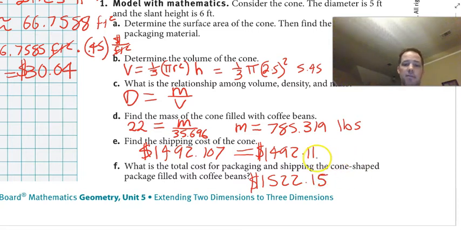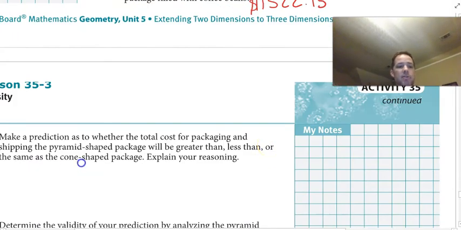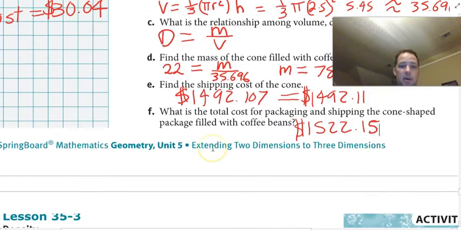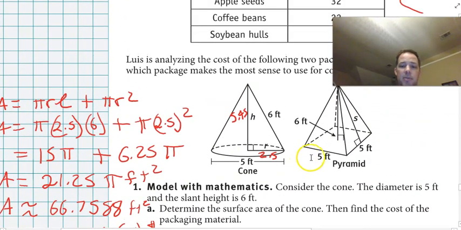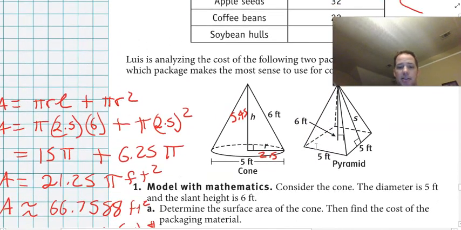All right, so now that we have this, we're going to be comparing it to the other container as well. So this first question is kind of interesting. I actually like it. It just says make a prediction whether you think the other container is going to cost more or less, and explain our reasoning. So the dimensions are pretty similar, but a couple things I want to point out is that if the whole diameter here is 5, that means that the entire base would fit inside this and then extra outside of that.